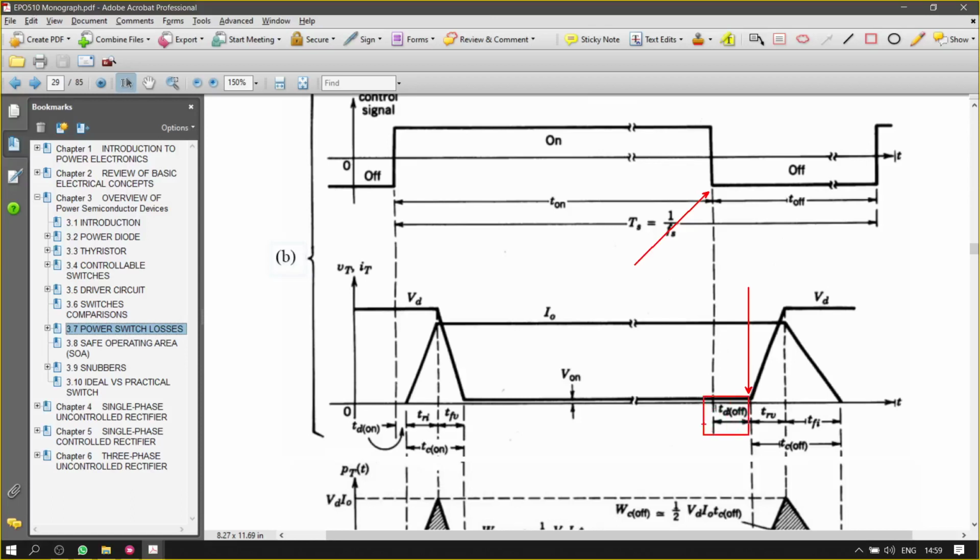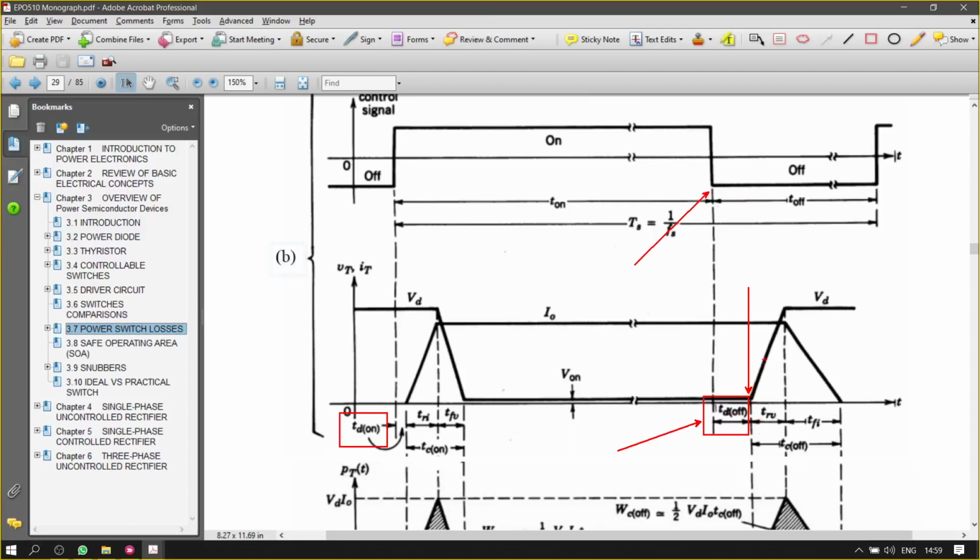There is a delay time at the turn off. Sometimes it will be the same duration, but some switches have a different delay time for on and off states. For example, here we have a shorter turn on delay, but a larger delay for the off time. So you start to turn off here, but it will only affect the switch after the delay time.